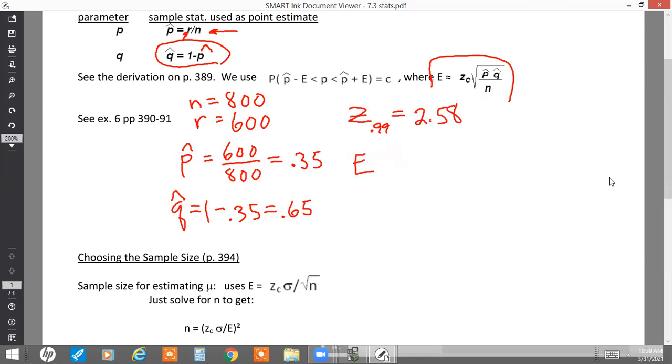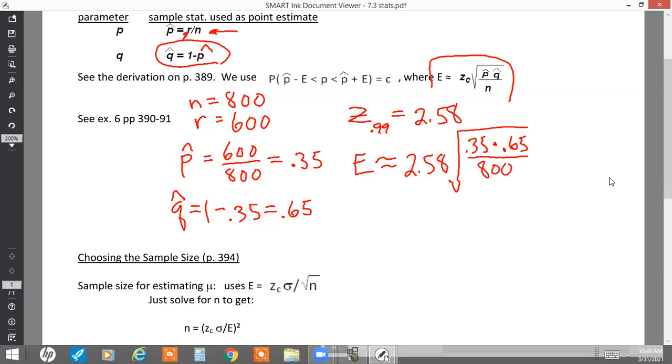So our error is going to be approximately the 2.58 times the square root of p hat times q hat divided by sample size, which is 800.